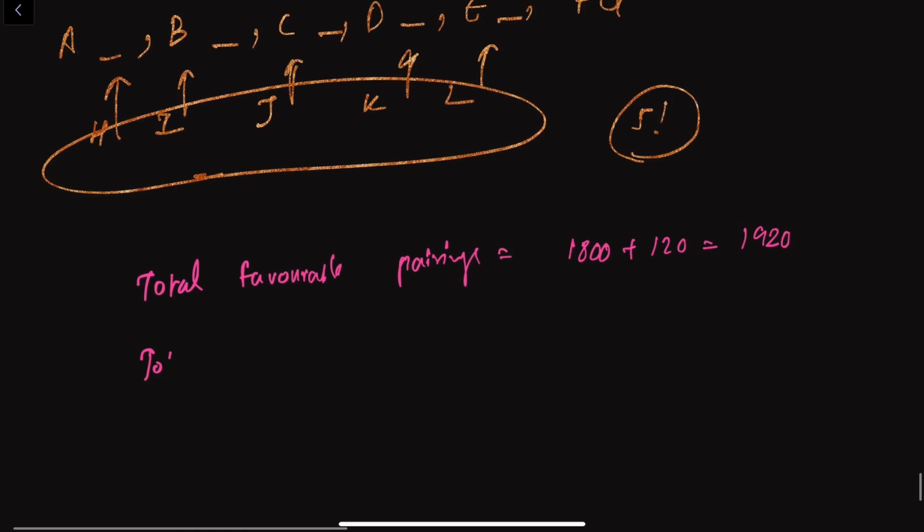Now we need to find the total pairings of 12 letters into unordered pairs.